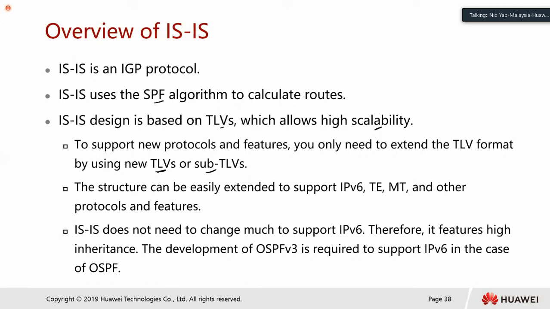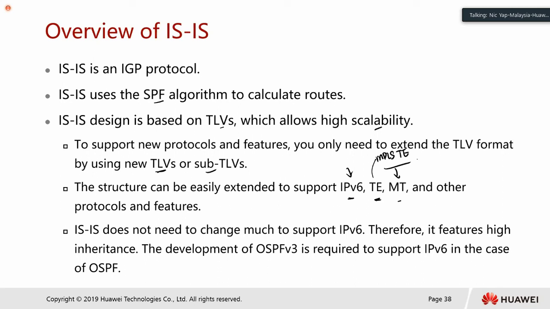The structure can be easily extended to support IPv6, traffic engineering, multi-topology, and also other functions and other protocols. We are going to check these two: IPv6 and multi-topology. For traffic engineering, it's only required when you're running MPLS traffic engineering, then ISIS needs to be extended to support it.